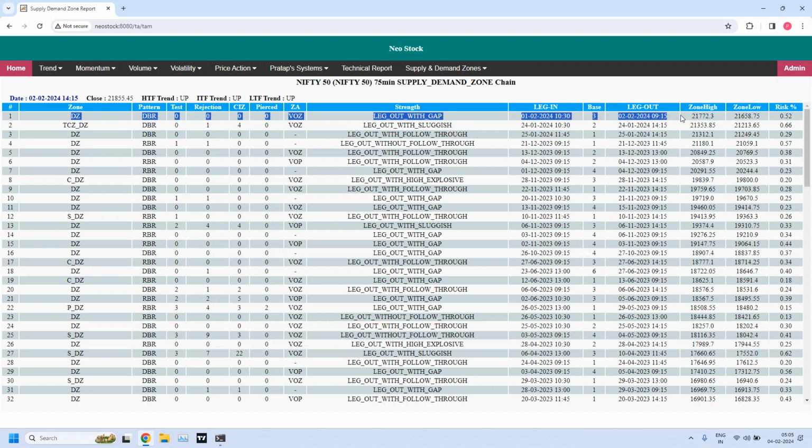Currently, this is the all-time high demand zone, but for the time being, it is a normal demand zone only. Below that, there is a high liquidity zone. This is a low priority high liquidity zone, already having one rejection and 4 times closed inside the zone.